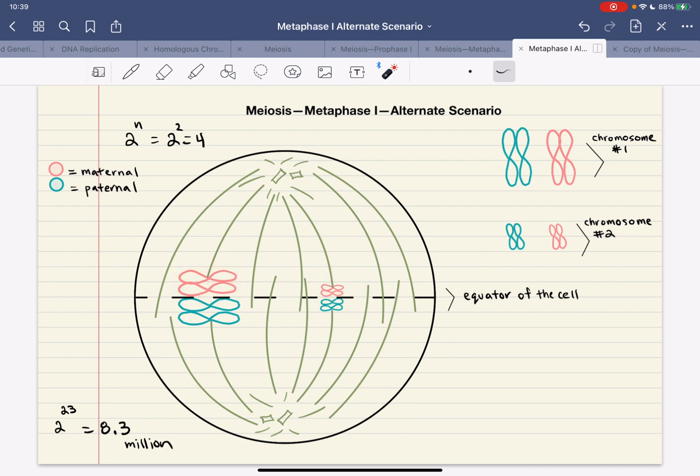Hypothetically speaking, it would be like getting heads 23 times in a row, but it could happen. You could produce an egg or sperm that only has chromosomes from one parent, so that your child gets no genes from one of their grandparents. But usually it's somewhere down the middle on average. But just the random chance of it is interesting.